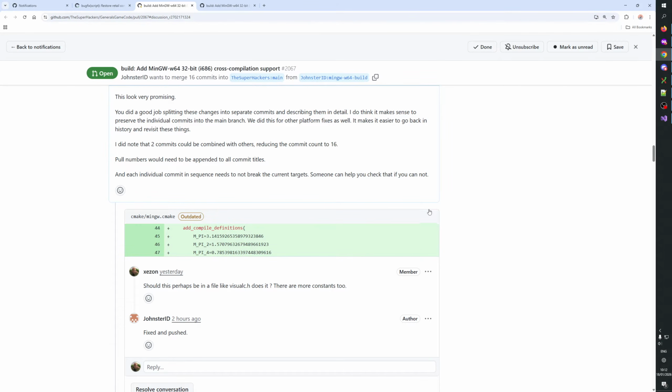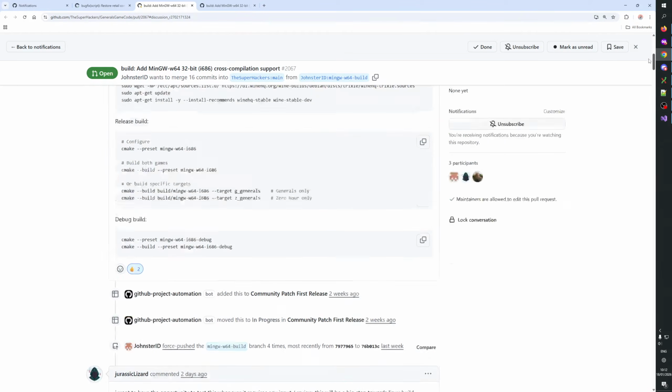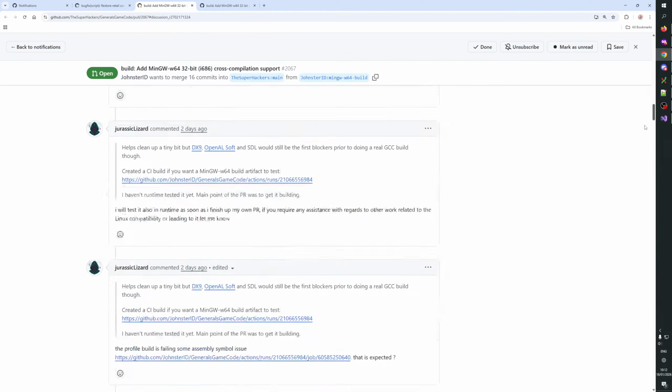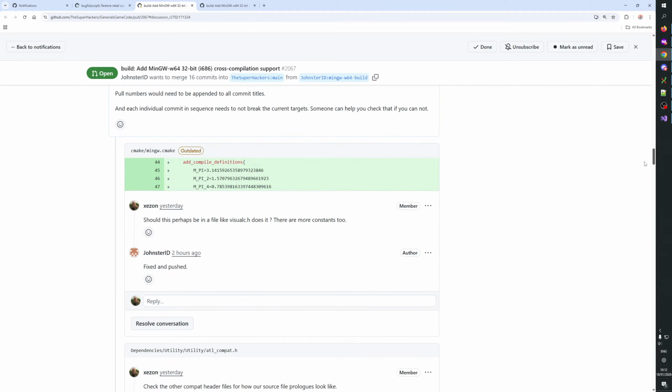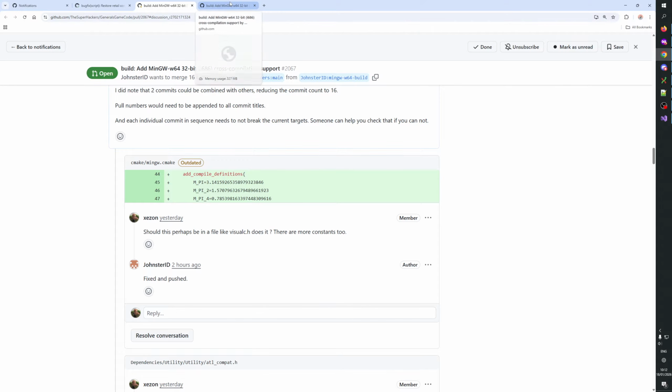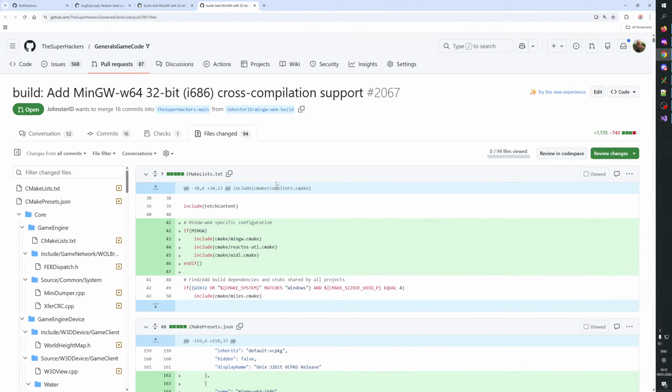So, should this pass be in a file like Visual C does it? There are more constants too.